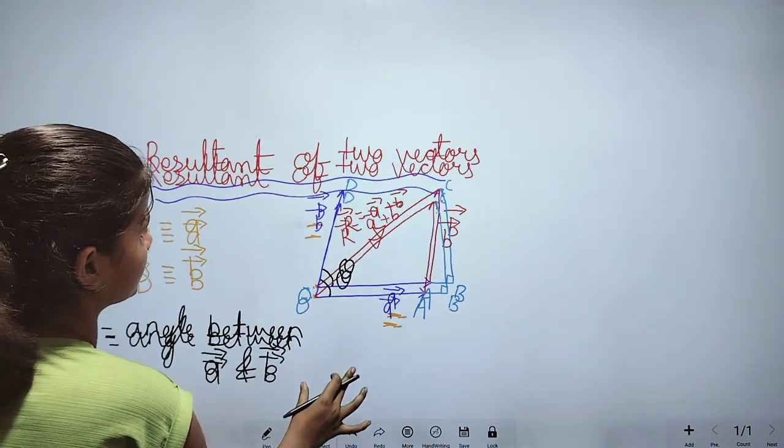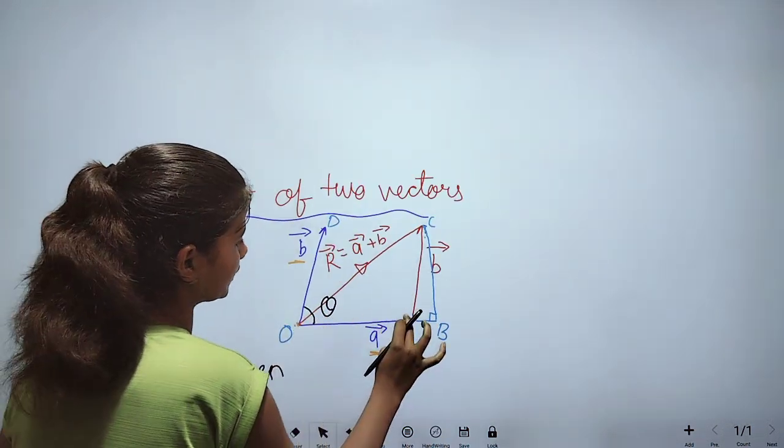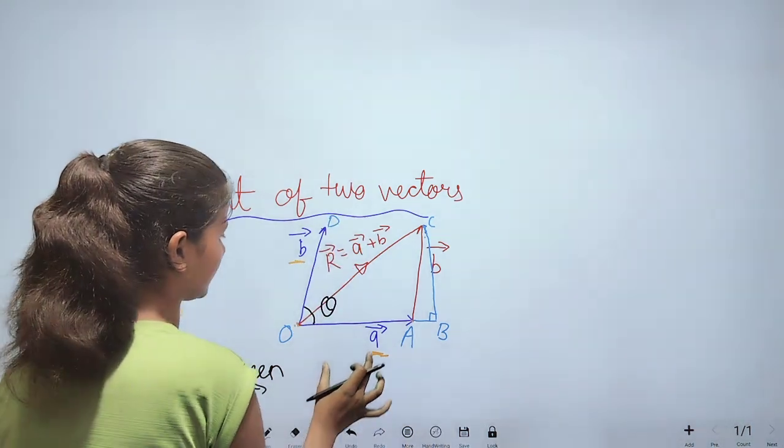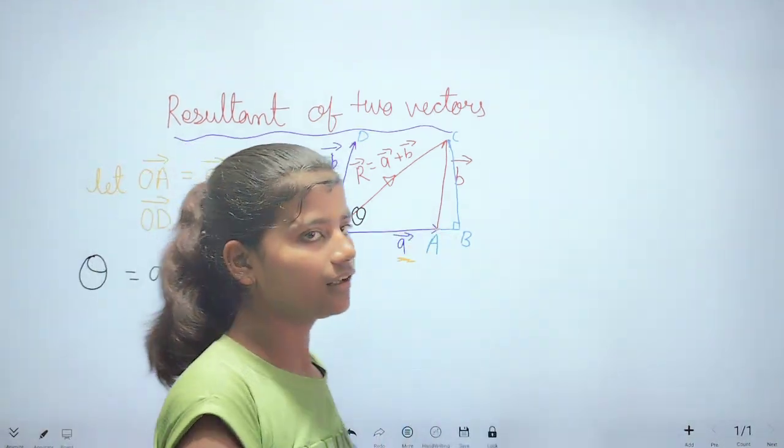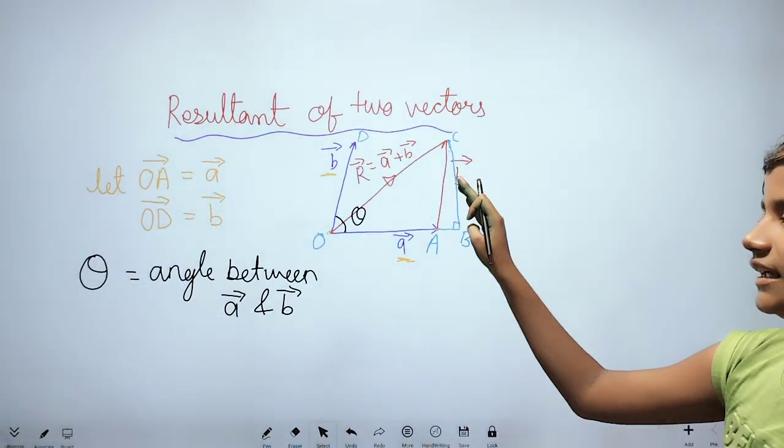Here you can see that theta is the angle between A vector and B vector, and you can also say that theta is the angle between OA vector and OD vector.